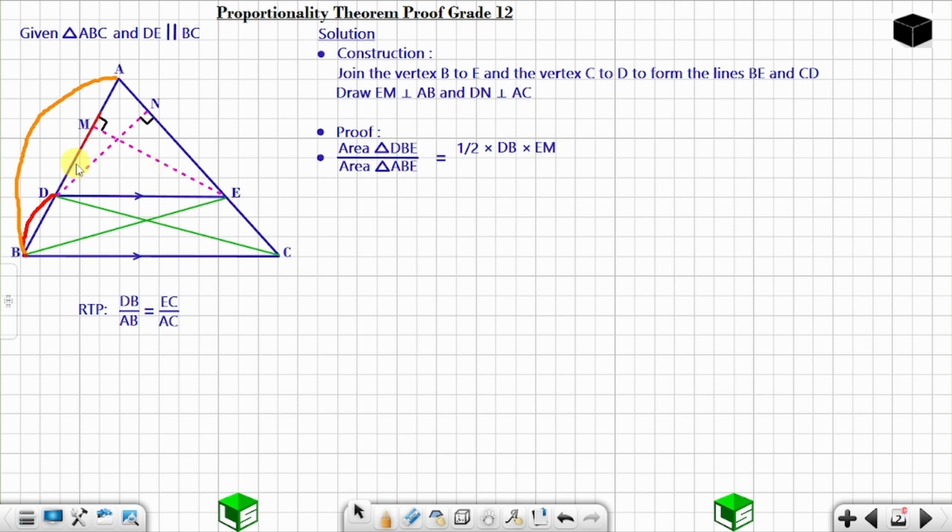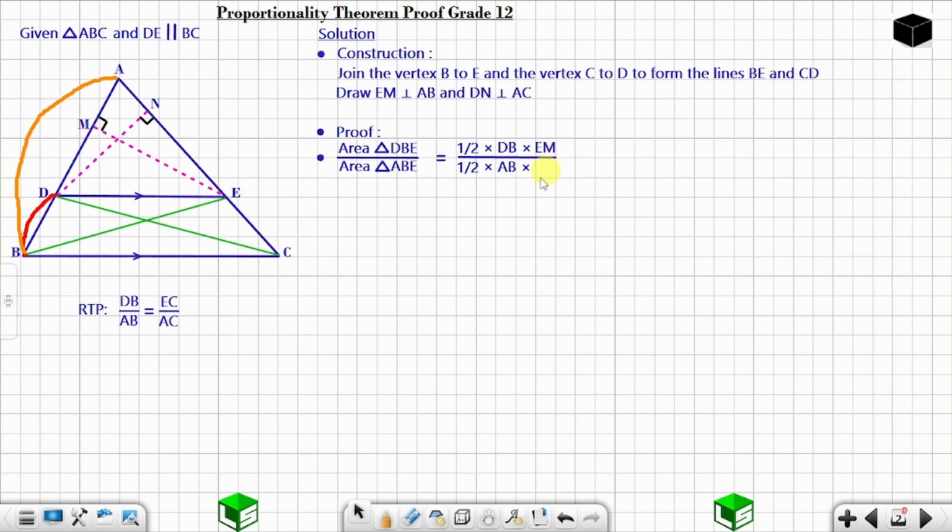Now over the area of triangle ABE, you have half times base. The base is AB, times the height.